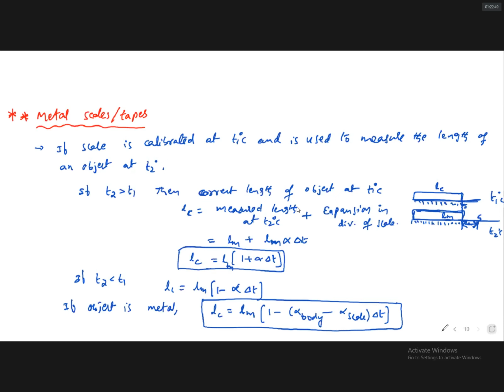Now, thermal stress and strain. When the rod is kept fixed between two supports, and we heat the rod, it is prevented from expanding.